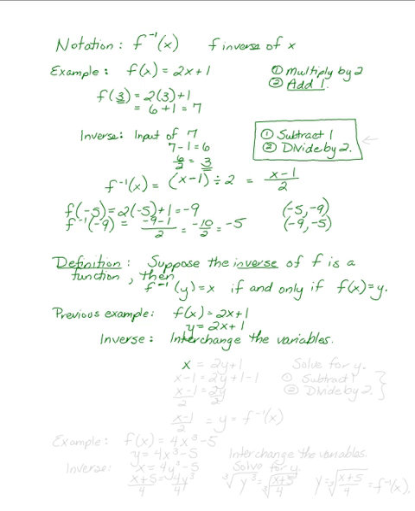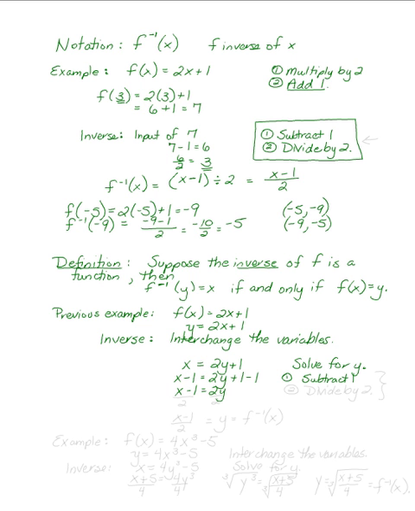We will get x then equal to 2y plus 1. Don't quit there. Our last thought is we do actually have to solve this for y. The first thing we're going to do is subtract 1 from both sides, so we'll get x minus 1 equal to 2y.